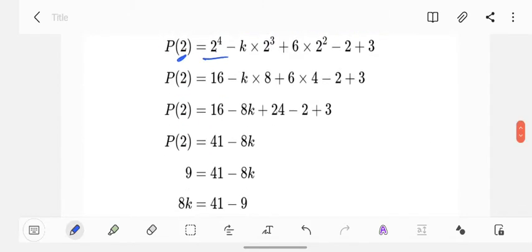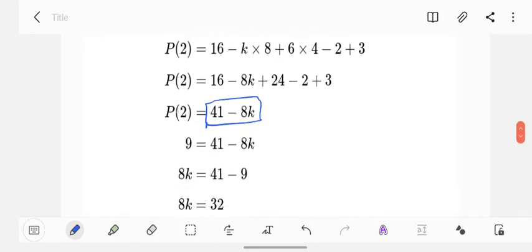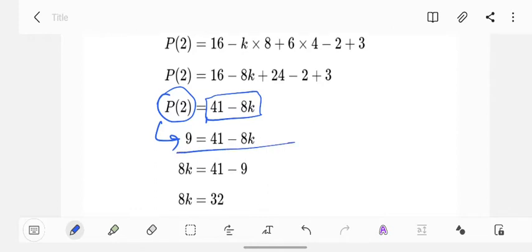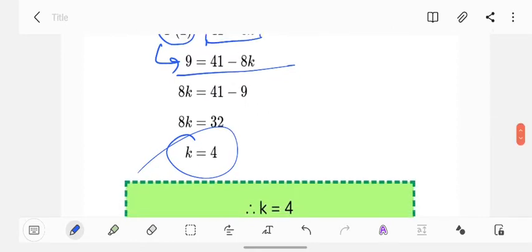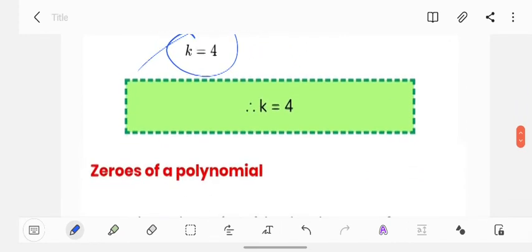After solving it, you will get 41 minus 8k. Now in the question it is already given that at 2 the value is 9. So you equate 9 equals 41 minus 8k, and after transposition you will get the value of k as 4. That is all for the value at a given point.